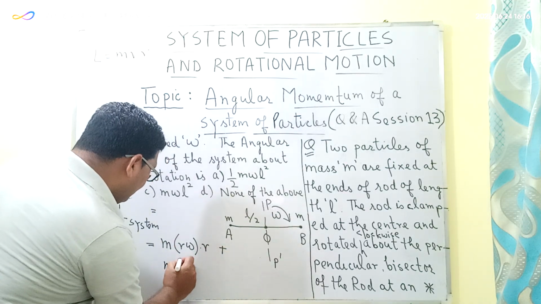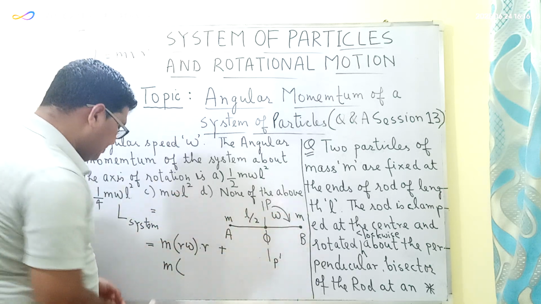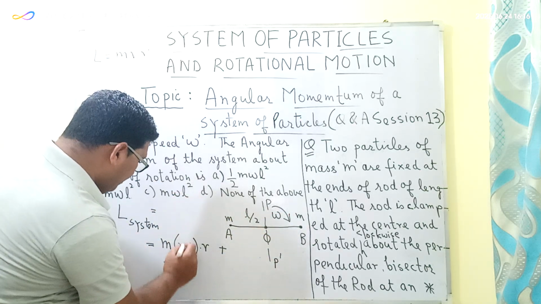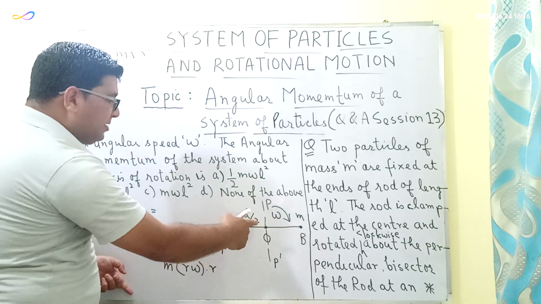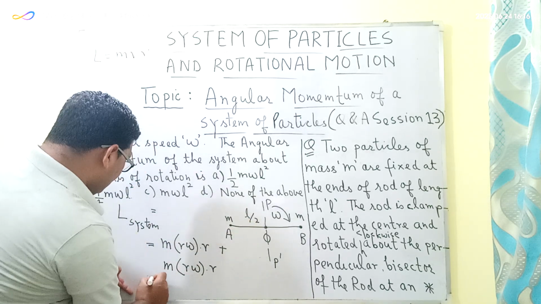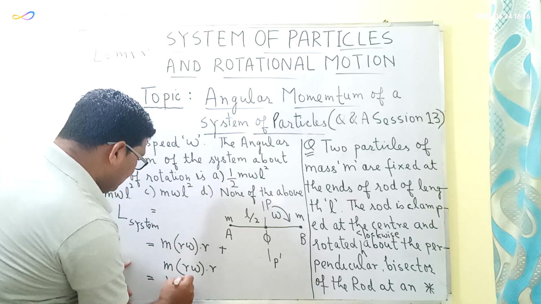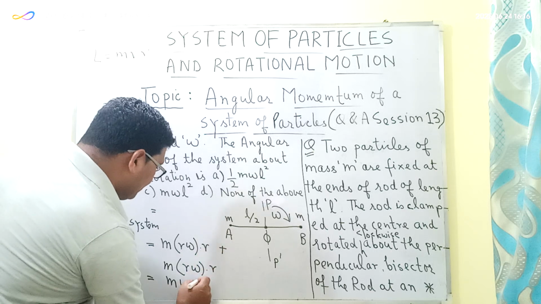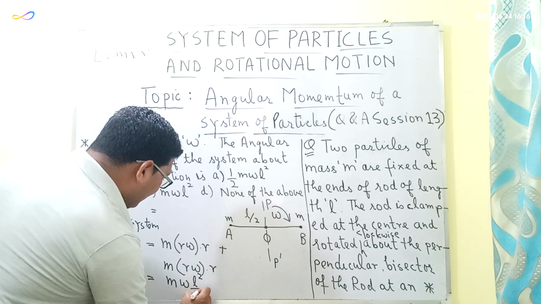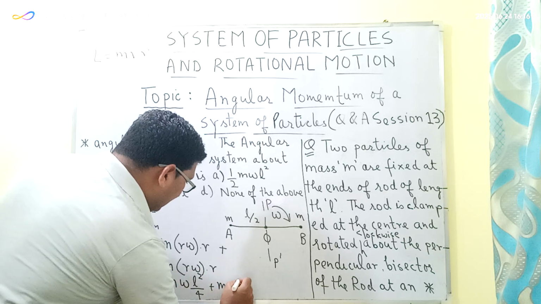Plus the angular momentum due to the particle of mass m at the point B, which is equal to m r omega into r. Now here r will be equal to L by 2. So the angular momentum of the system becomes m omega r square, where r square is L by 2 square, that is L square by 4, plus m omega L square by 4.